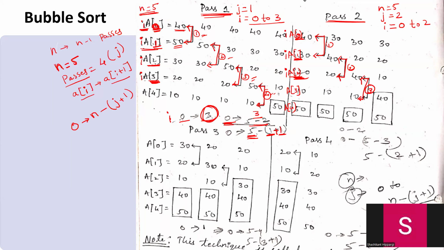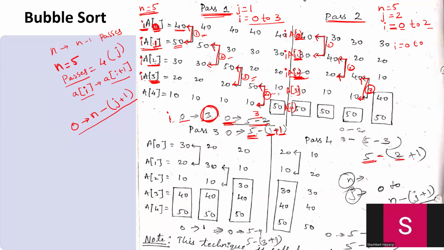How can I get this range? Let's apply this logic again. I is equal to 0 to the number of elements that we have, which is 5, minus, in which pass we are?